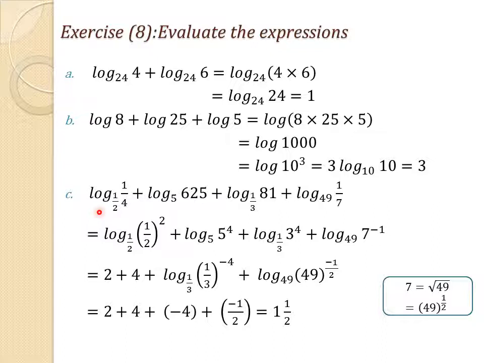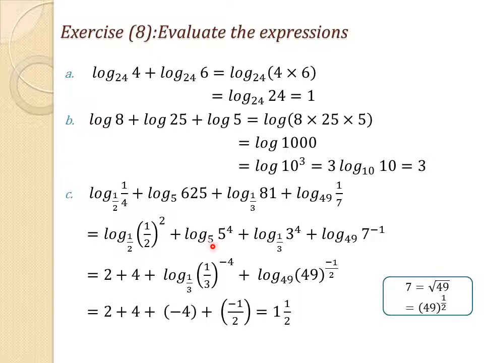For 1/4, I make it equal to 1/2 by saying that 1/2 squared is 1/4. So now I will have 1/2 with 1/2. This is step 1 in solving. Here we have 625, which is 5 to the power 4.